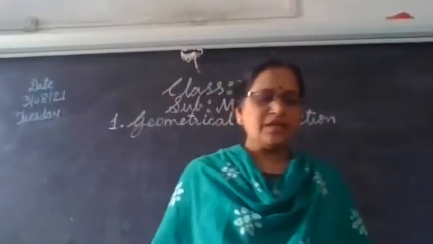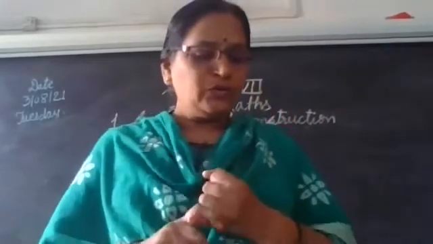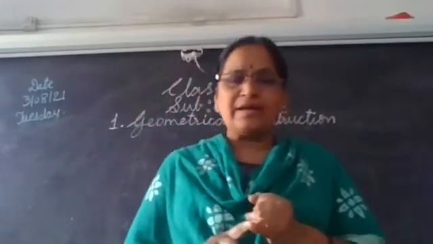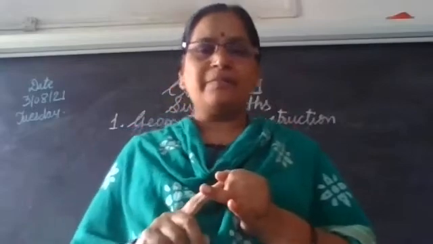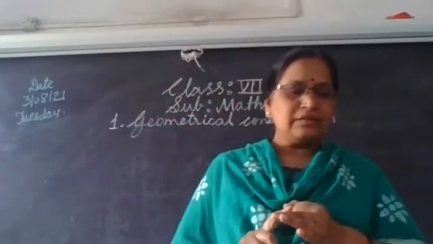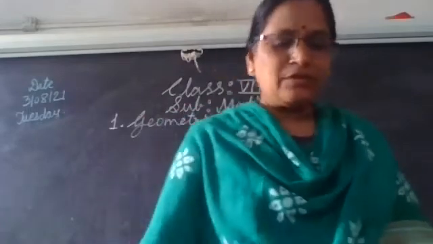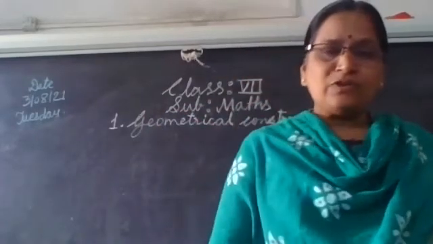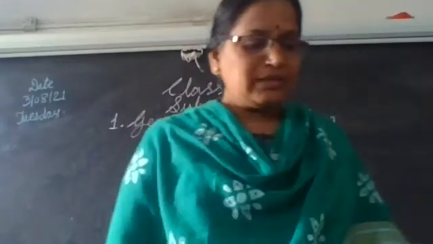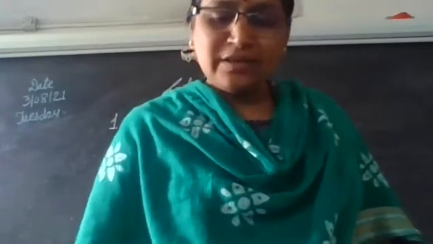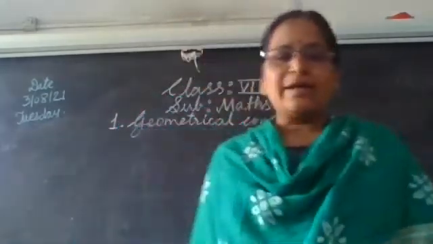In the previous class, you have learned how to construct a line segment, a ray, an angle, and how to bisect them. So let's recall, beta. So let us learn angle bisector.